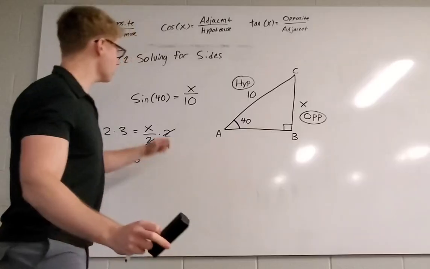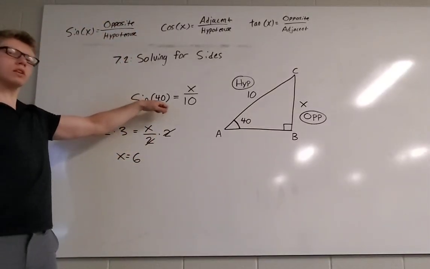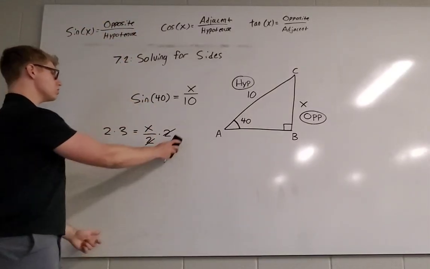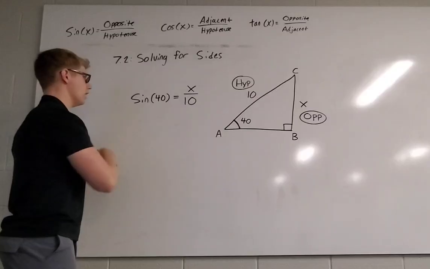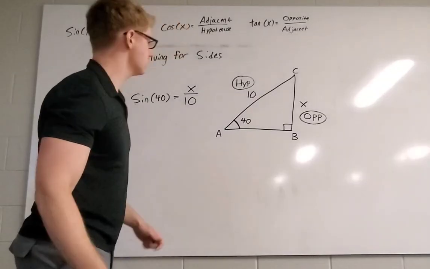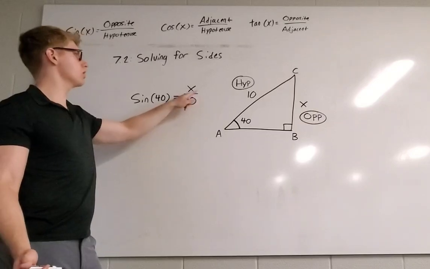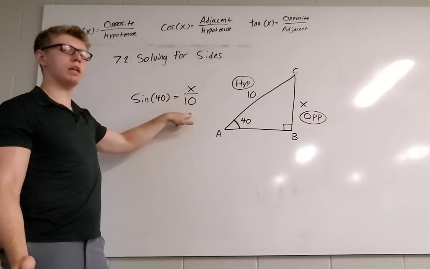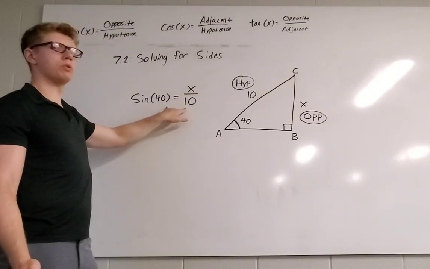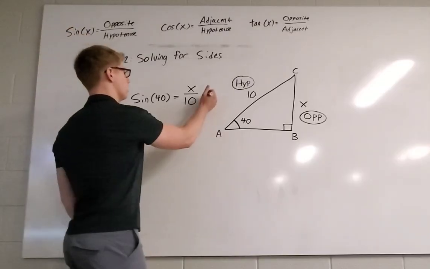So we said this is a constant. This is a number. We can do the same thing. If x is in our numerator and we have a constant in our denominator, we're going to multiply both sides by that constant.